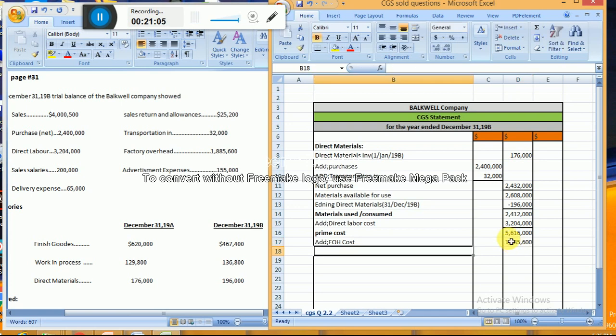1885600. This is further cost, indirect cost took place.